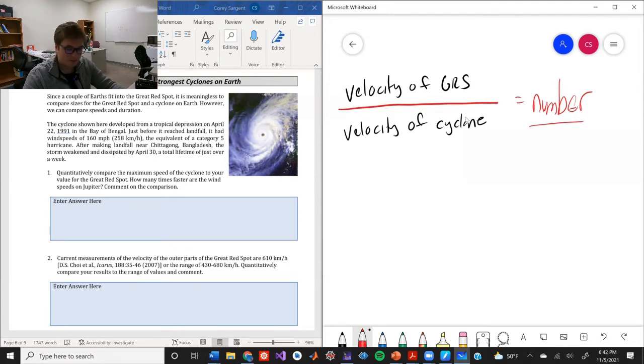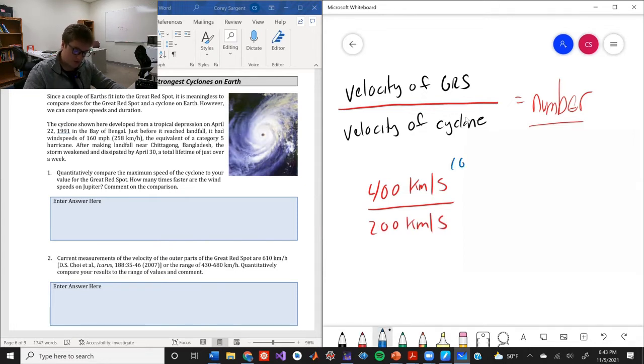Of course, they're not necessarily real. But let's say the velocity of the Great Red Spot was 400 kilometers per second. And just for purposes of an example, let's say the velocity of the cyclone was 200 kilometers per second. All right, note this was the Great Red Spot. This is the cyclone.